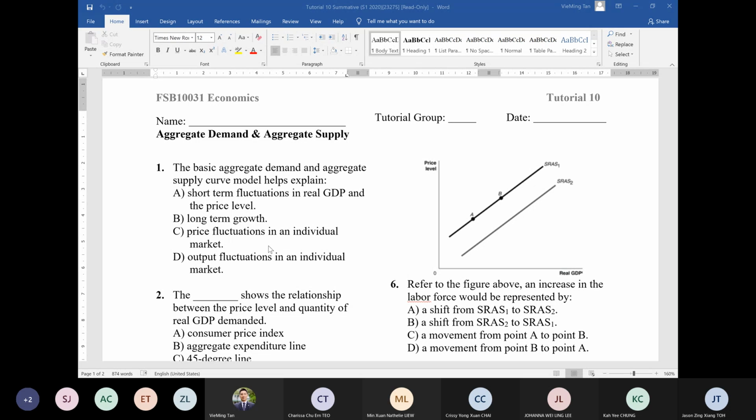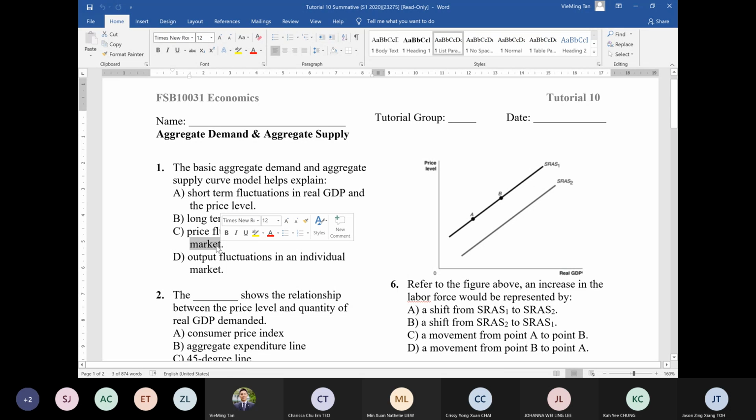C and D are out, because of the words individual market only. Only one market could be the handphone market or other products market. So these are the keywords. If only one market, then it's not considered as aggregate demand.